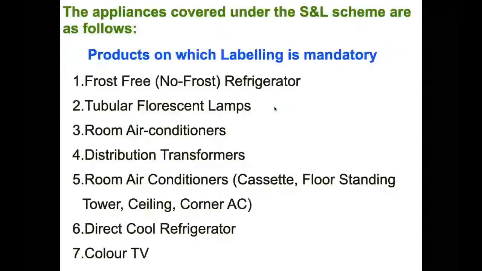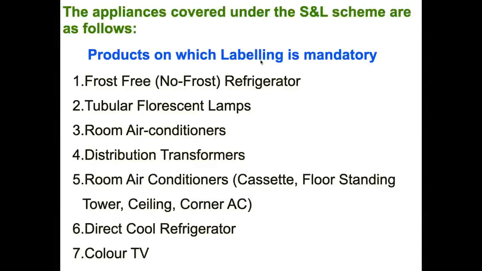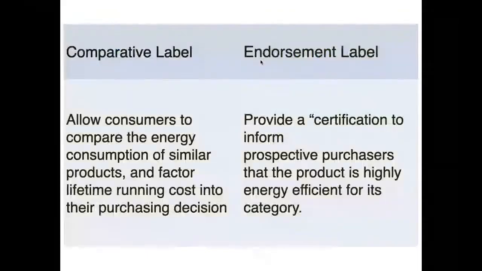And if you're talking about the appliances covered under the standards and labels scheme, they are as follows, right? If you're talking about the products on which labels are mandatory, as I told, the labels are for consumers to get to know how much energy is saved, the efficiency category, or you can say running cost, in their purchasing, right?